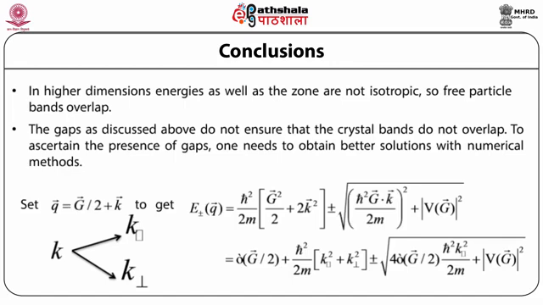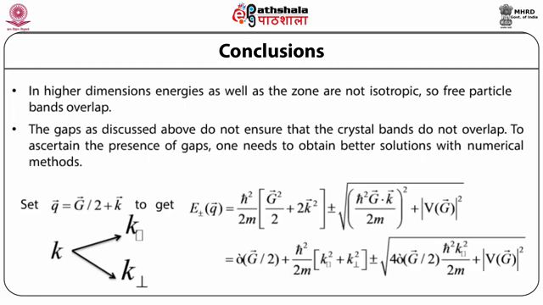To see this, we set Q equal to G by 2 plus K and get the following eigenvalues, that is E plus minus Q. So as you can see, E plus minus Q is simply ħ square divided by 2m in brackets the vector G square, that is the reciprocal lattice vector, divided by 2 plus K square, plus minus under root of in brackets ħ square G dot K divided by 2m whole square plus mod of Vg whole square. Here we have resolved K in components parallel and perpendicular to G.